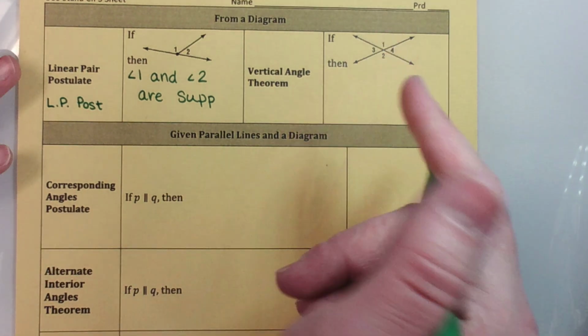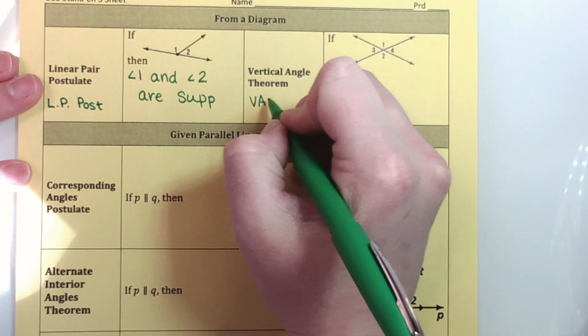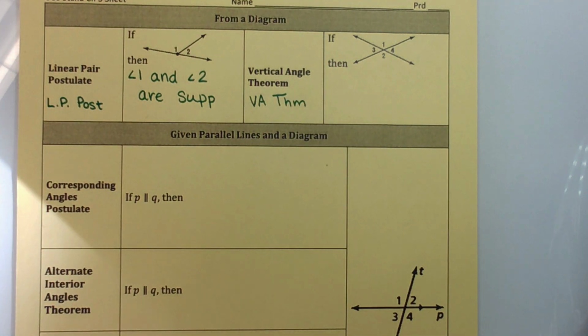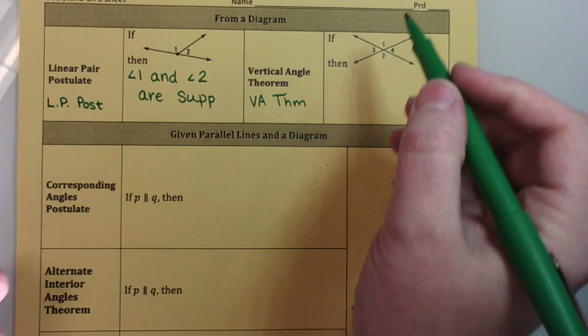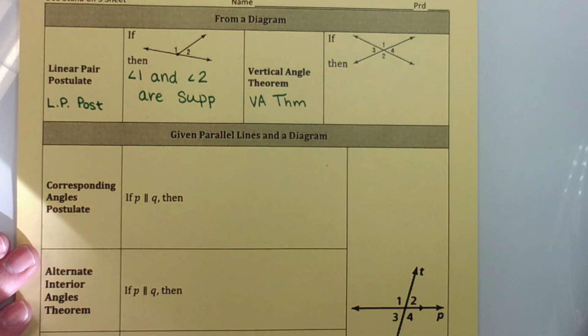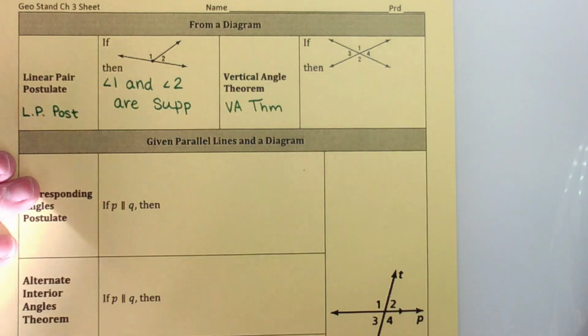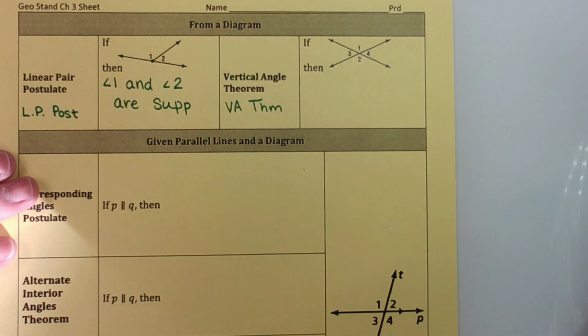Now, if we see a pair of vertical angles, the ones that make that X, I've got 4 angles marked in this picture. Not all 4 of them are vertical angles, at least not to each other. Angle 1 is vertical to what angle? Angle 2.